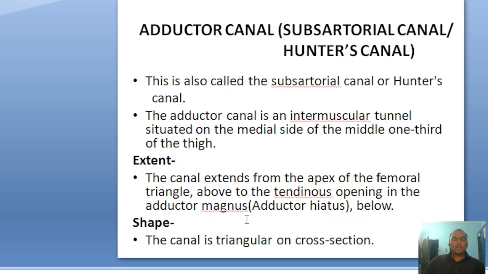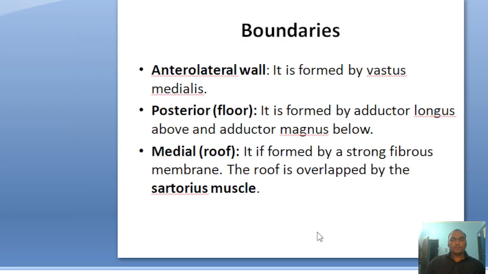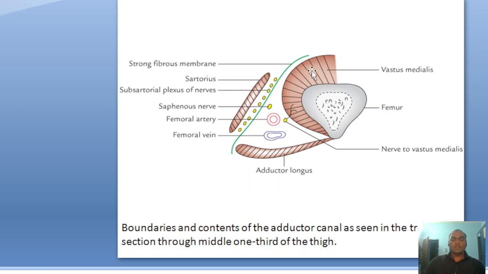In cross section it is triangular in shape. The boundaries are important. The anterolateral wall is formed by the vastus medialis muscle. This is the transverse diagram of the lower one third of the thigh. This is the femur, and this is the posterior border, linea aspera. The anteromedial boundary is formed by vastus medialis.